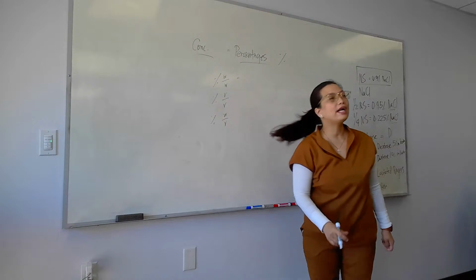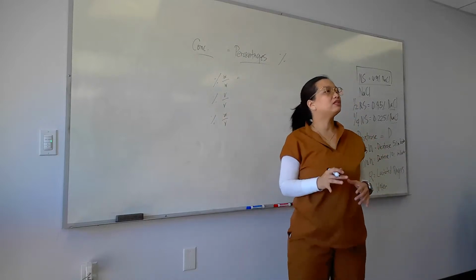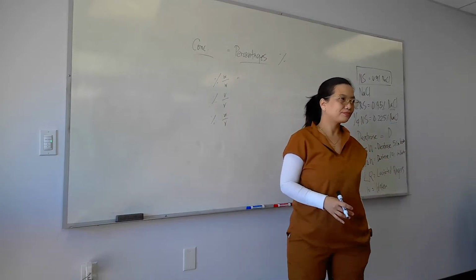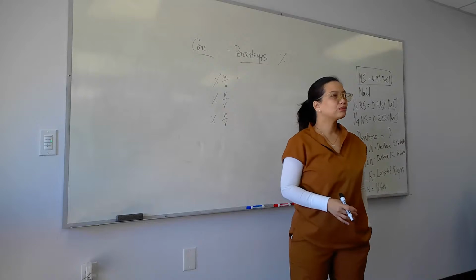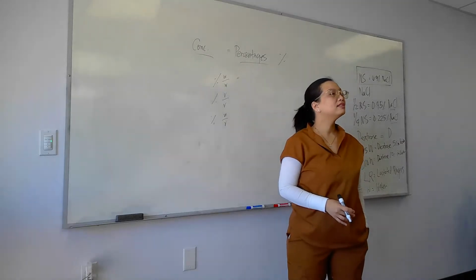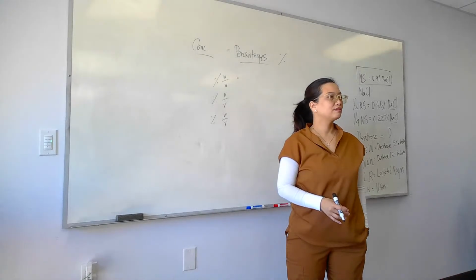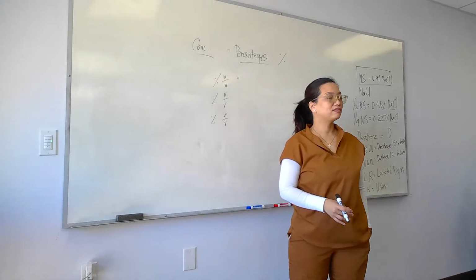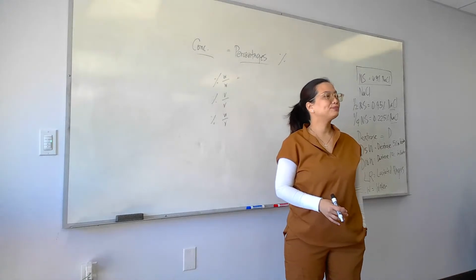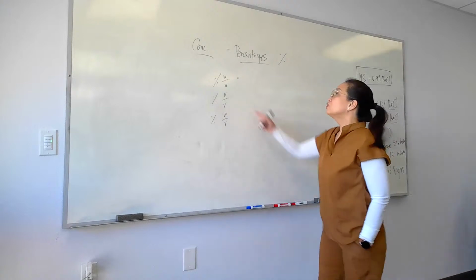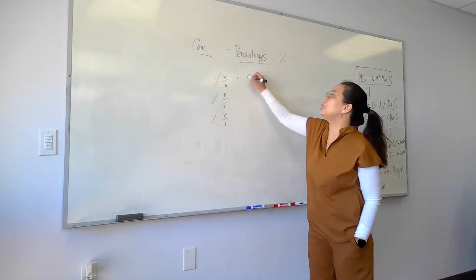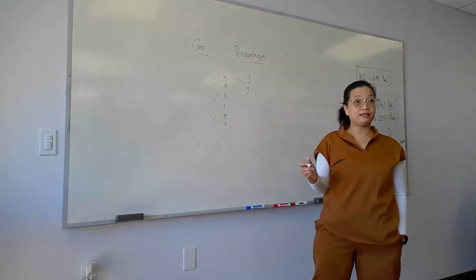When it's weight over weight, the weight should always be in what unit? Leslie, very good. So weight over weight will be grams over grams, right?